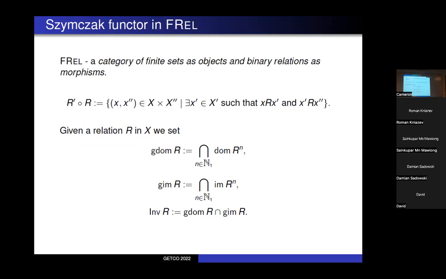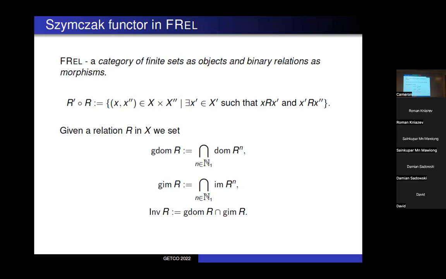Now let's go to this very specific context of the Szymczak construction for the April category. By April, I denote the category of finite sets as objects and binary relations as morphisms. Composition is defined as usual. The powers of a relation are just compositions of relations.